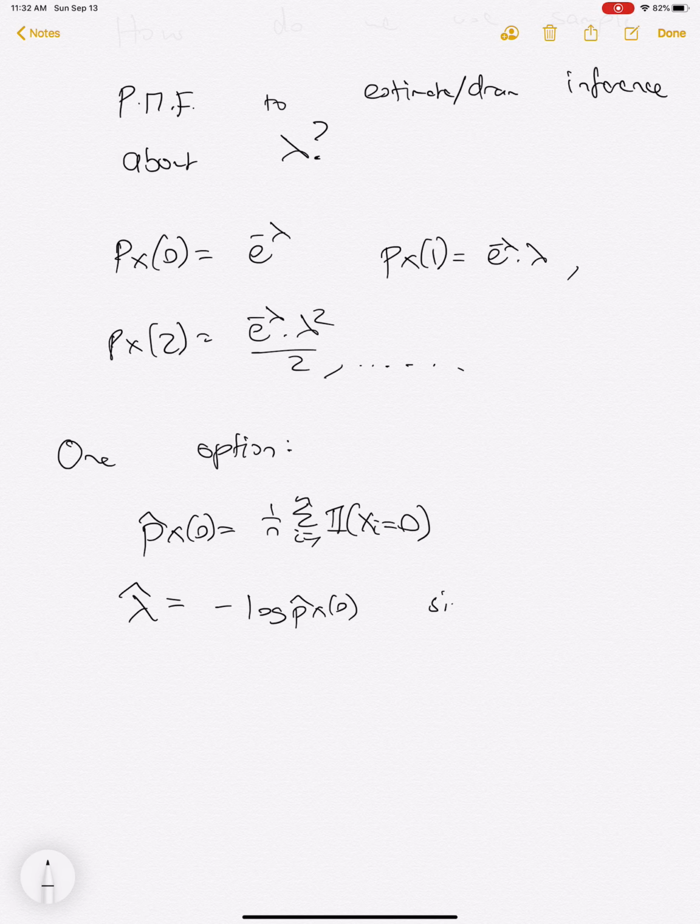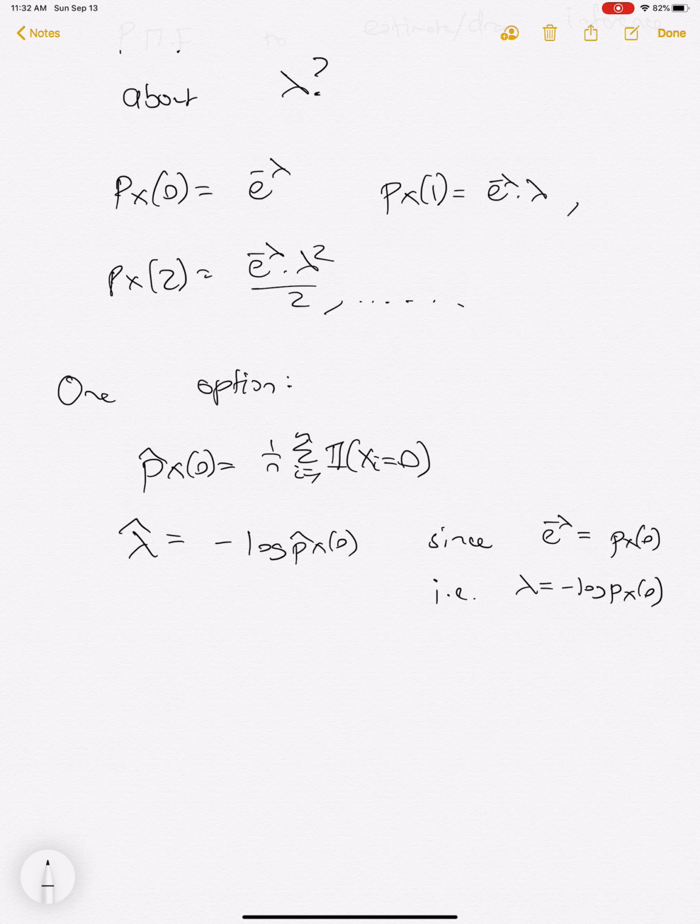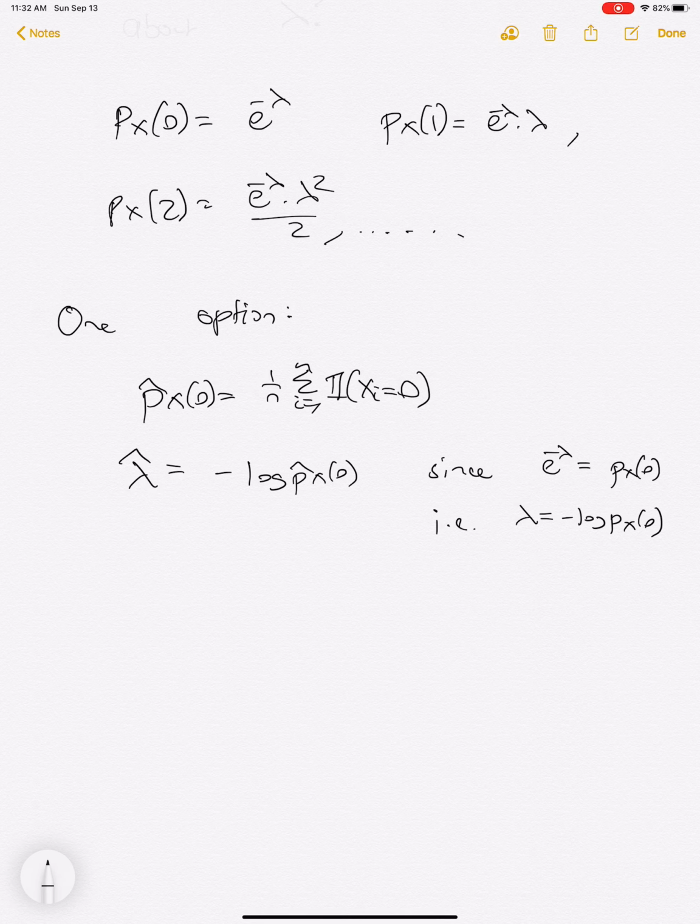Because of the relationship above. And this is a perfectly reasonable estimator.